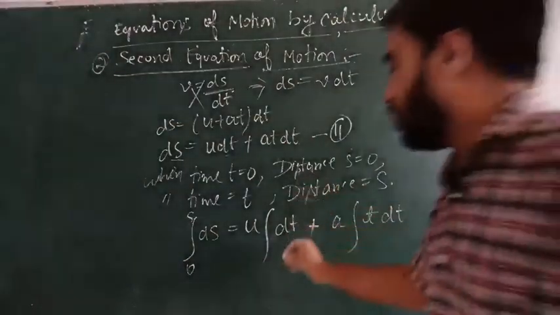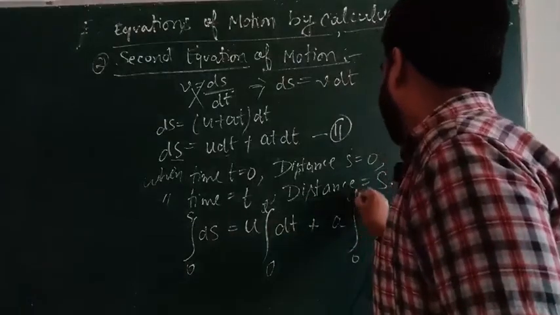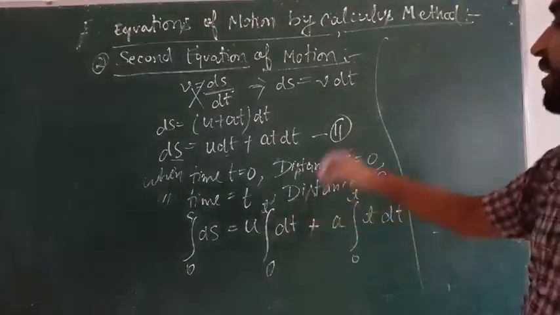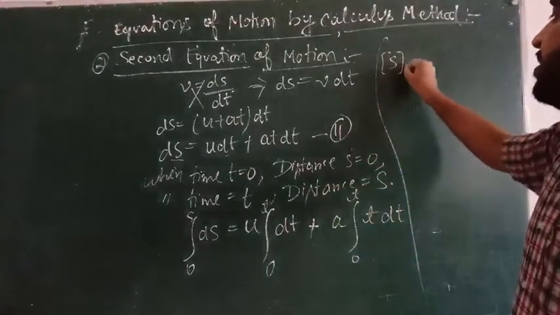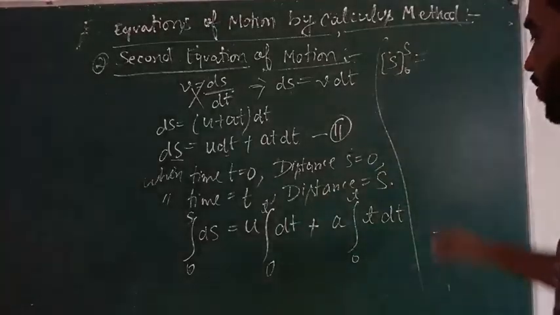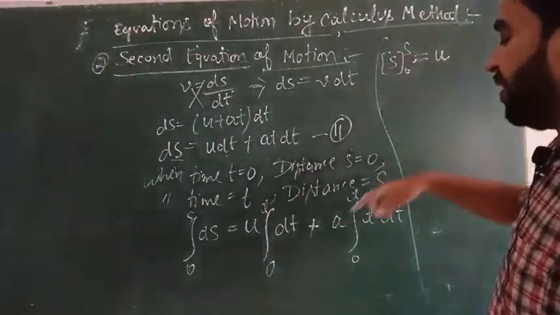Time is from 0 to t. So 0 to t, 0 to t. Now let us integrate this. So integration of ds will be s. Limits we still have to write. 0 to s is equal to u. Integration of dt will be t.